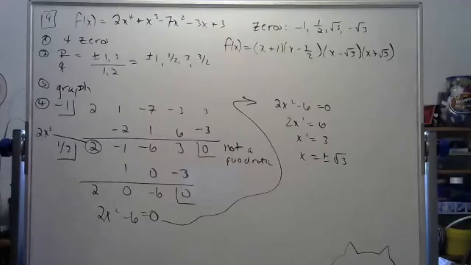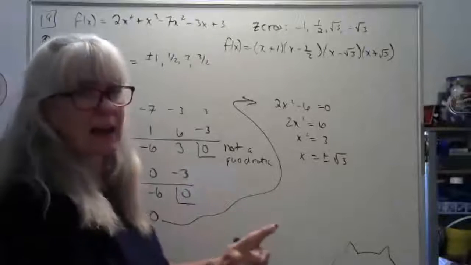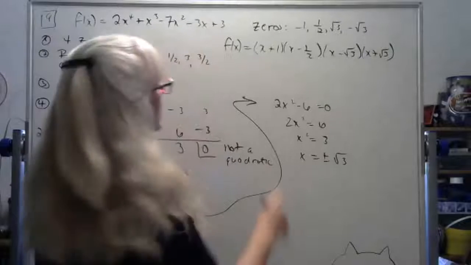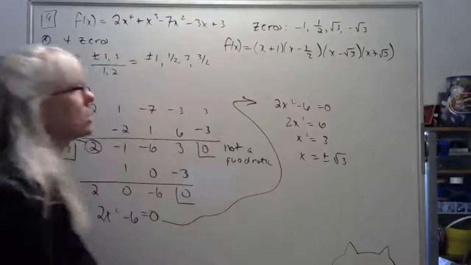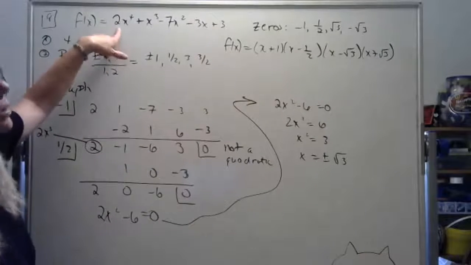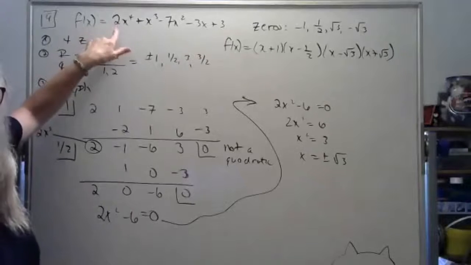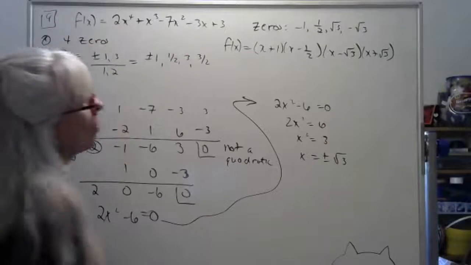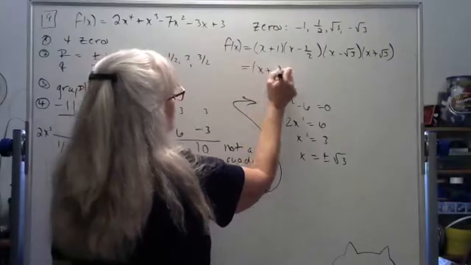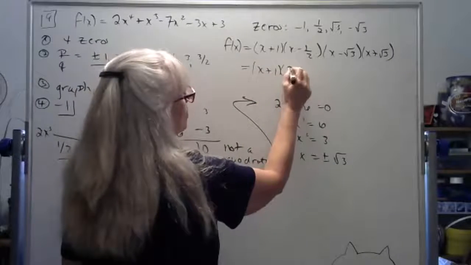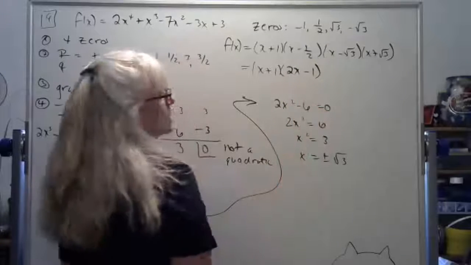Okay, and the last thing to mention is I have a slight problem here. If you FOIL this back out, which you will not do, please don't do that. You take this x times this x times this x times this x, you will get your x to the 4th, but you're not going to get the 2. Somehow or other, that 2 has disappeared. So what I'm going to do to make sure that that 2 is accounted for is I'm going to take that 1/2 and rewrite that as a 2x minus 1.